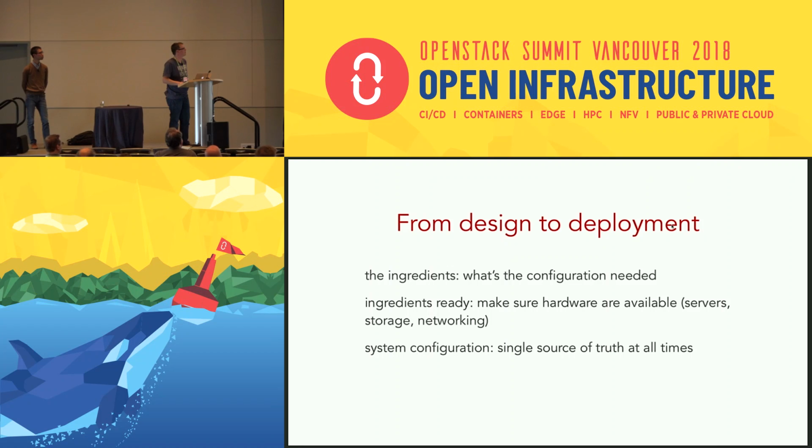Deployment phase. The ingredients, what the configuration needed, ingredients ready, make sure hardware is available: server, storage, networking. That was in this case very, very easy because we got an existing HPC cluster and we just disabled some nodes, reconfigured VLANs, and said, oh, that's now OpenStack.